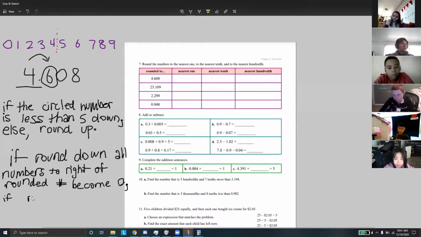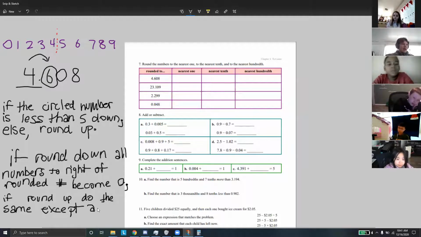If we round up, do the same, except add 1 to the rounded place value. You know, I'll just say rounded number.